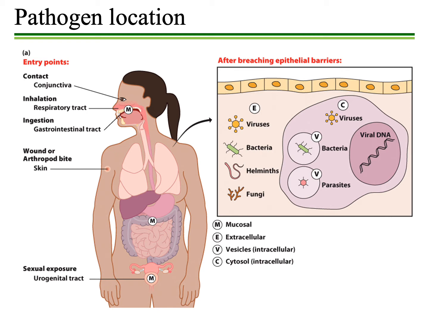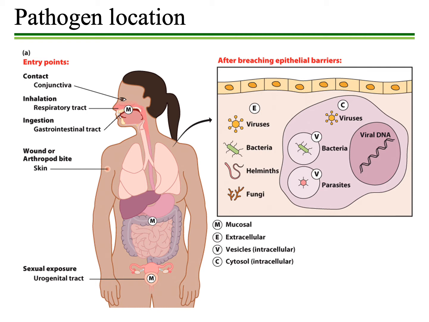What you can see on the left-hand side of this particular figure are entry points for pathogens to enter into a typical human host. On the right-hand side, you can get a little bit closer view at the tissue and cellular level as far as where pathogens can in fact occur.